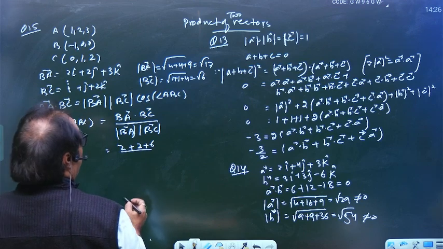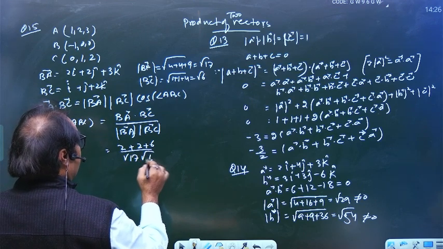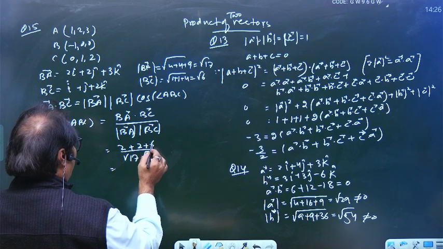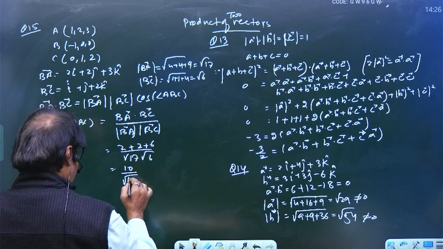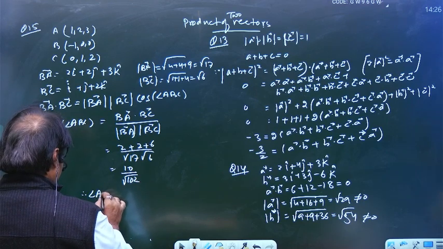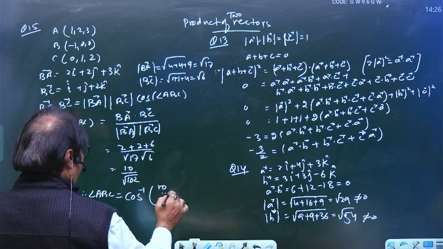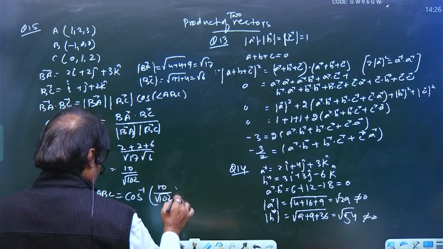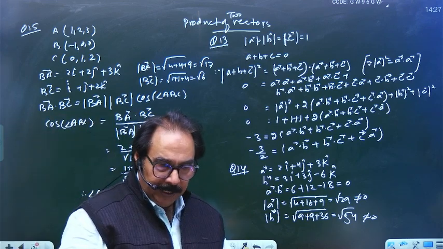Now put the values. So this is root over 17 into root over 6. So 2 plus 2 is 4, plus 6 is 10. 10 upon root over 102. Okay. So therefore angle ABC is equal to cos inverse of 10 upon root over 102, and this is the answer of this question number 15.